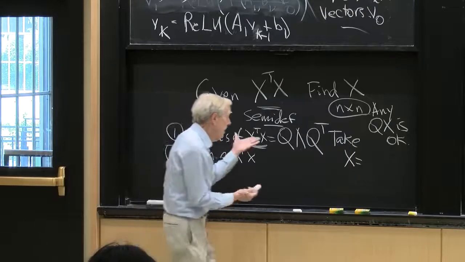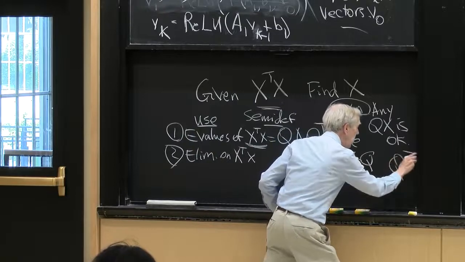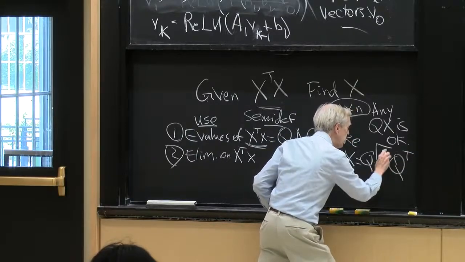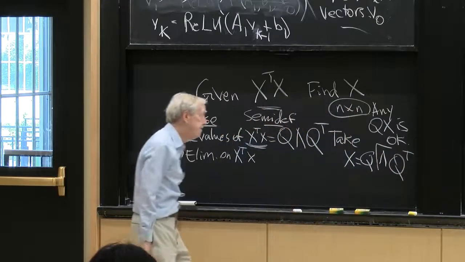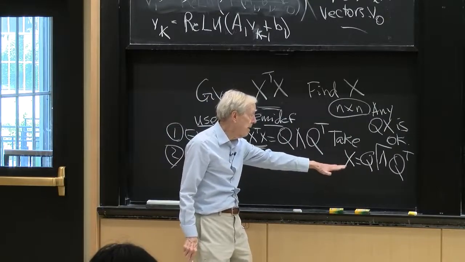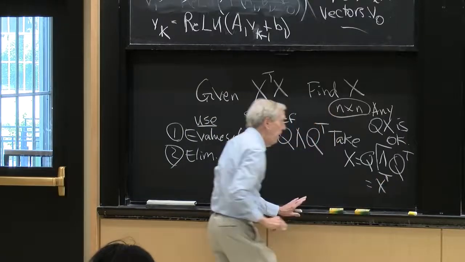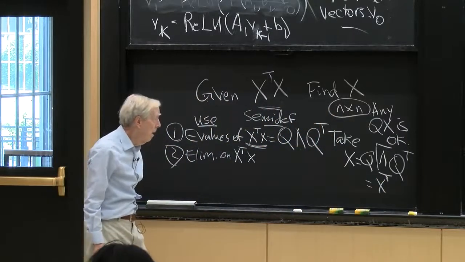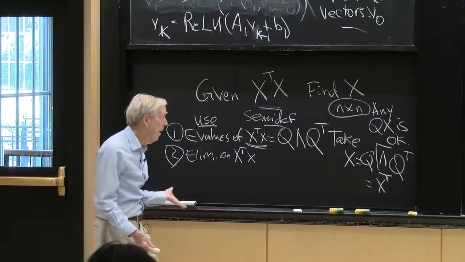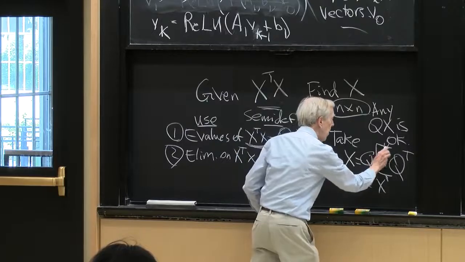One idea is just to take the same eigenvectors, and take the square roots of the eigenvalues. Because if I multiply, that's symmetric now. This is equal to X transpose. That's a square root symbol, or lambda to the 1/2.